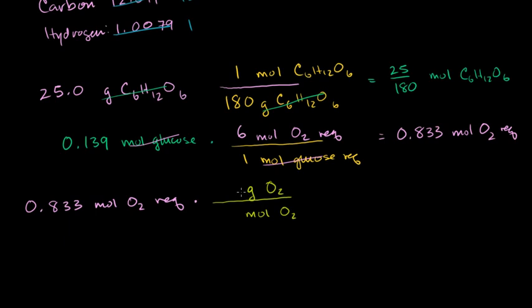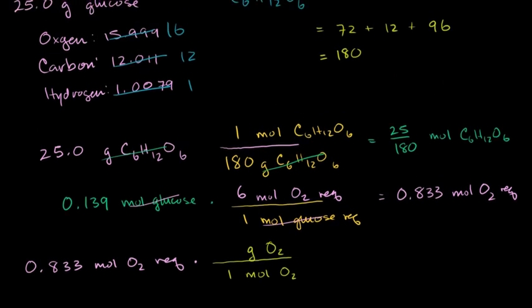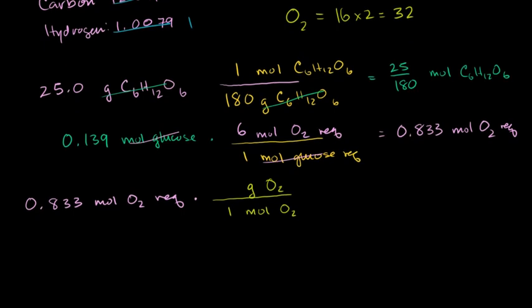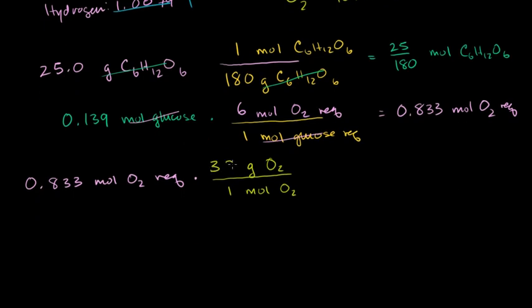So how many grams of O2 are there per mole? Well, we know the atomic weight of oxygen is 16. So the atomic weight of molecular oxygen, where you have 2 of these, so the atomic weight of O2 is equal to 16 times 2, which is equal to 32. So it's 32 grams per mole.